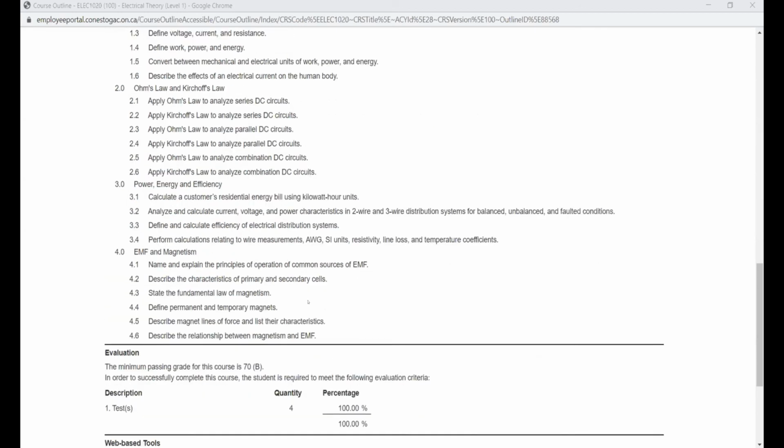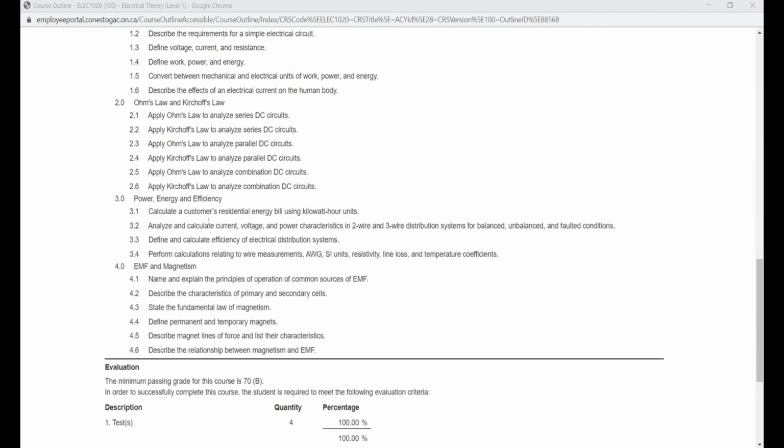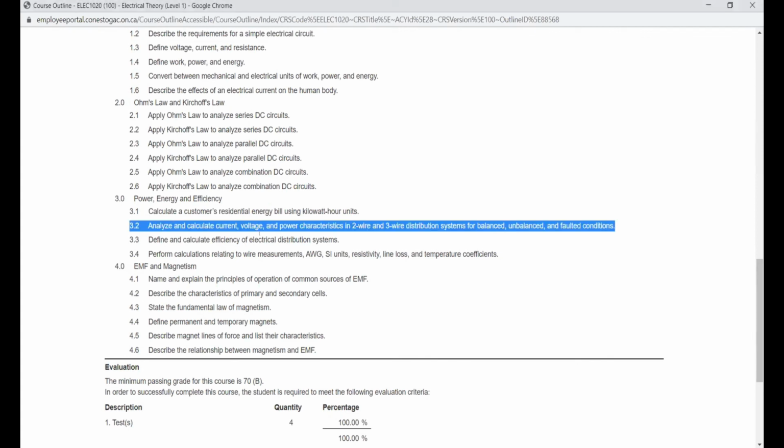Okay, so when it comes to this part here, analyze and calculate voltage, current, and the power characteristic in a 2-wire and 3-wire distribution system for balanced and unbalanced and faulted conditions. I hope that you have the small book that accompanies Delmar's, that you were given when you bought your book package. Were you able to get that small green book that has that information?